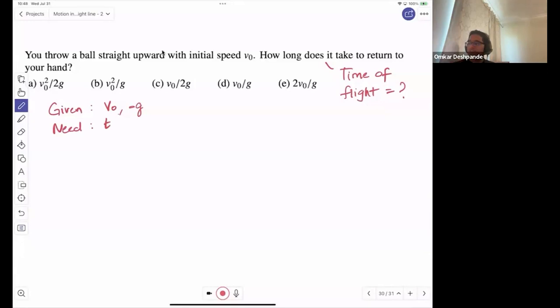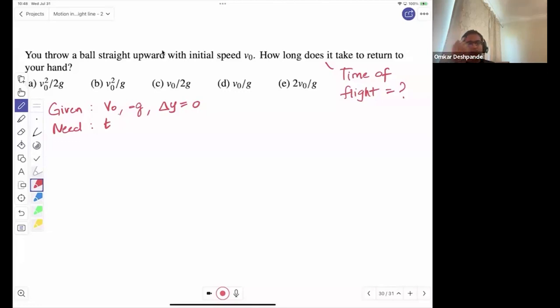How long does it take to return to your hand? Return to your hand means delta y is also given to be 0. These are the quantities that are given, and you need t.